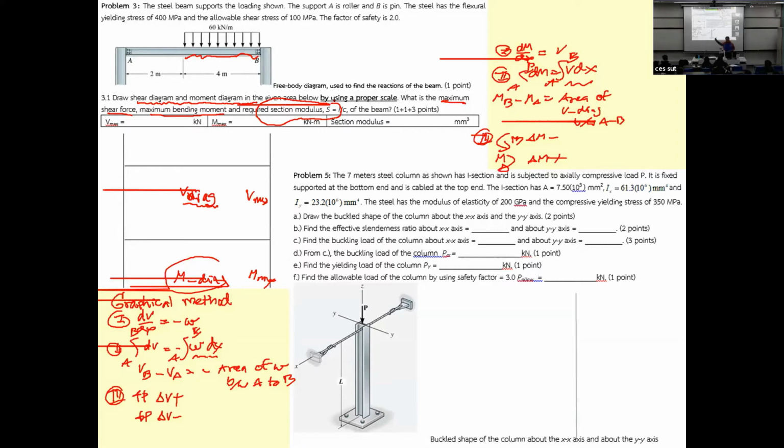This kind of problem is not shown yet. I think the PowerPoint, I just put it in the live group this morning. Go to the live group, this portion of the PowerPoint, and open the file for chapter 6. There is no detail of this.